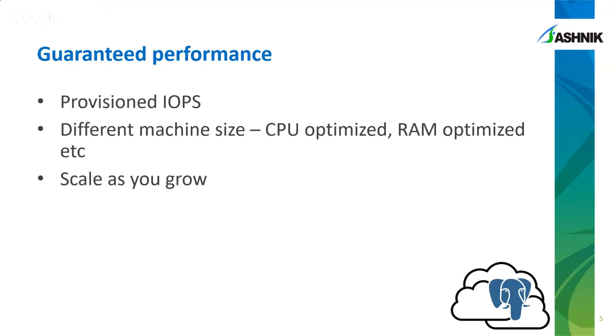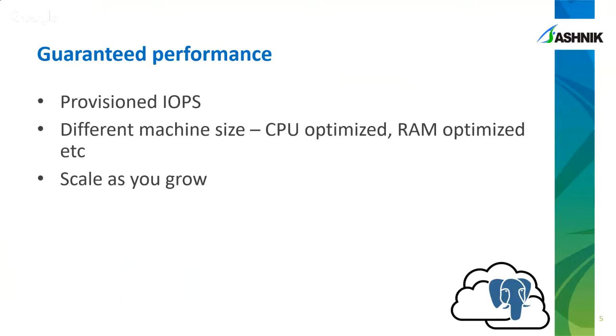It also helps you guarantee performance, which is sometimes not that easy to achieve in your own enterprise environment. You can choose from an array of hardware and storage options. You can go for provisioned IOPS with dedicated SSD disks, or you can go for even cheaper storage as per your requirement.